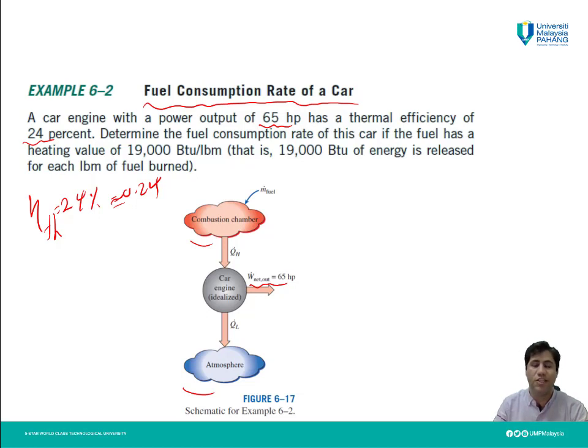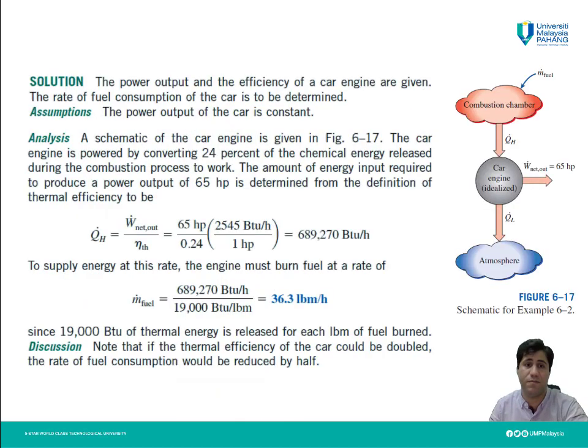In other words, each pound of this fuel, if we burn it, will produce 19,000 BTU of energy. So we need to find m dot of fuel, or the rate of fuel consumption by this engine to produce this much power output, and we know the heating value of the fuel and also its thermal efficiency.